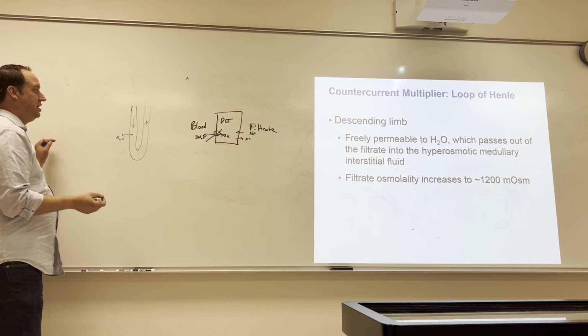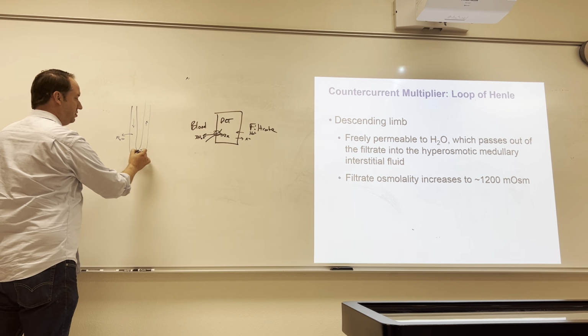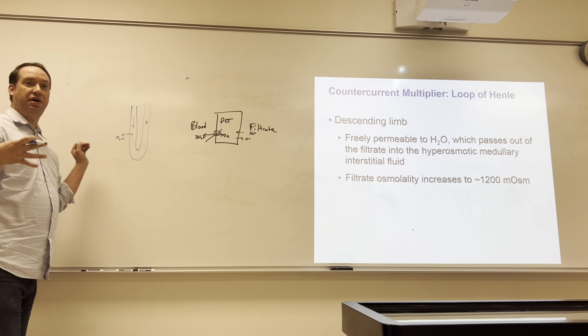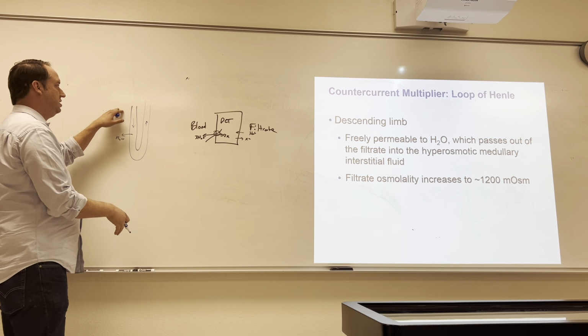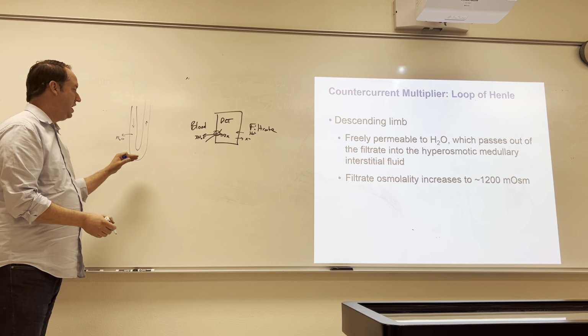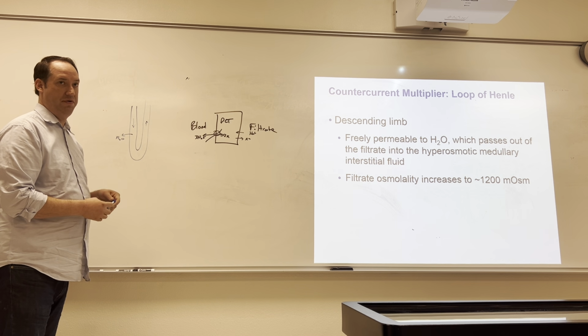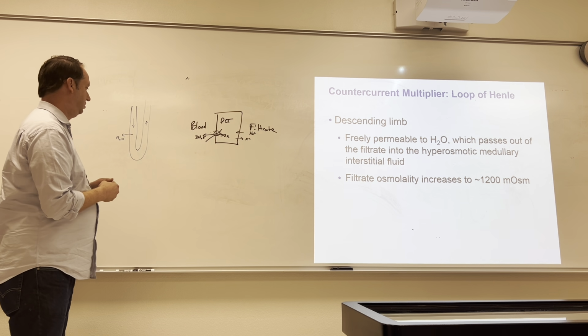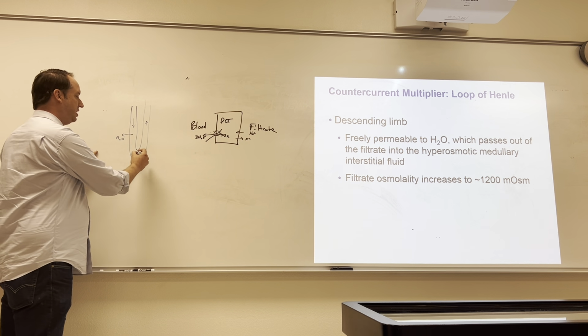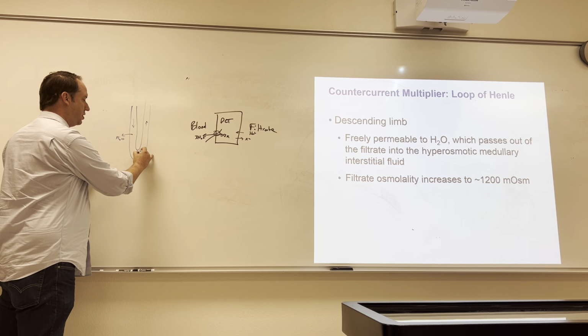So the concentration goes up as we go down to the bottom, because we got rid of all the water. At the start of this, the concentration is like 300, and at the bottom of this, it's like 1200 because we lost all the water. By the time we get to the bottom, it's super concentrated. There's a huge amount of sodium and chloride down here. It's really concentrated.